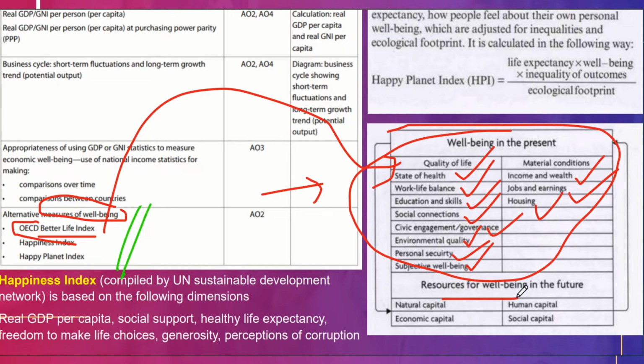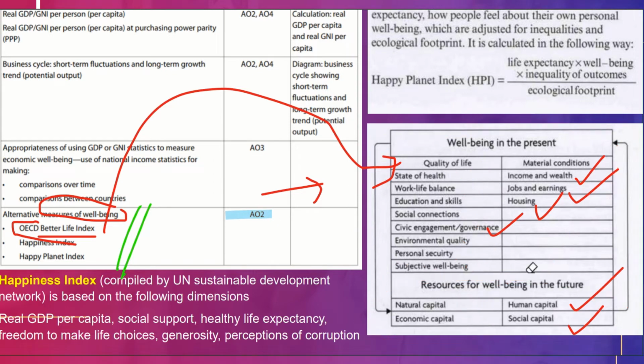And resources for well-being in the future: natural capital, economic capital, human capital, and social capital. Everything is included, but so much detail is not required. They have just asked AO2, assessment objective 2, which means they will be asking more questions. Even if you just include human capital, natural capital, economic capital, and social capital, that is more than enough. You could score more marks.